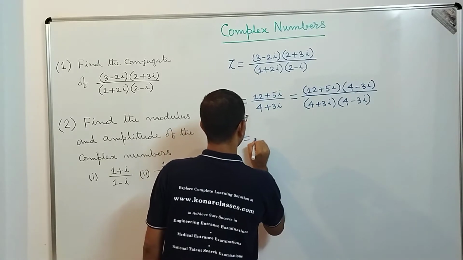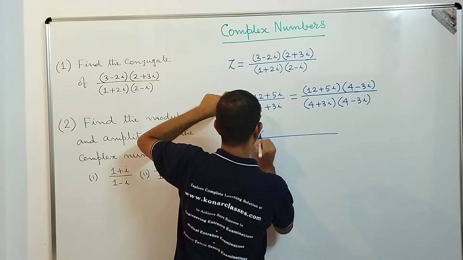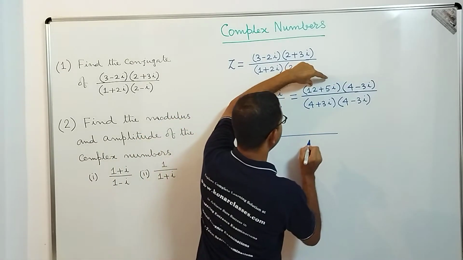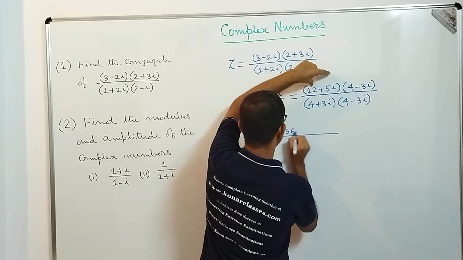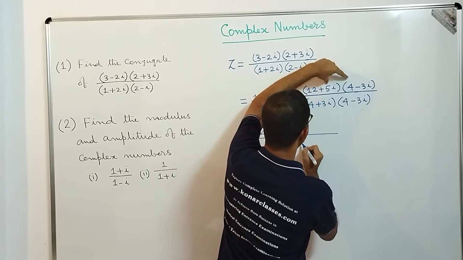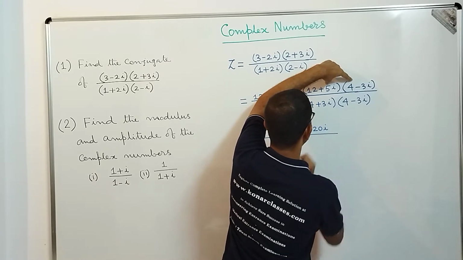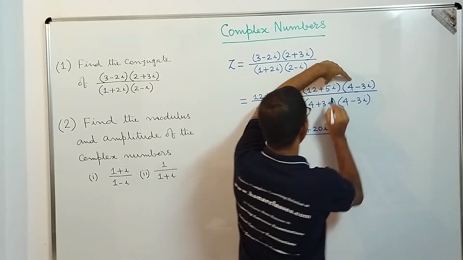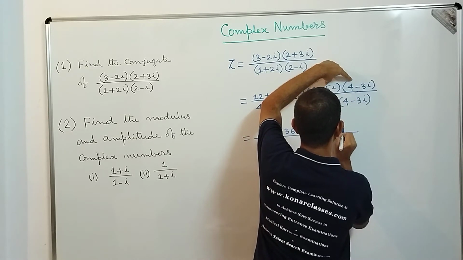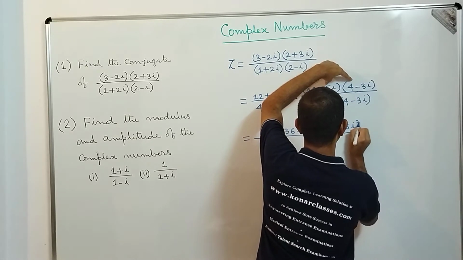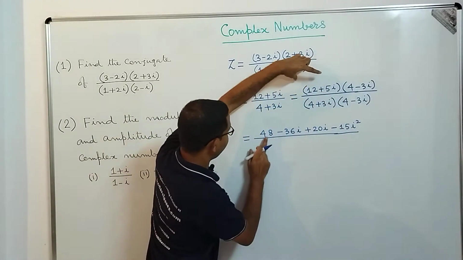From here in the numerator, 12 into 4, that is 48.